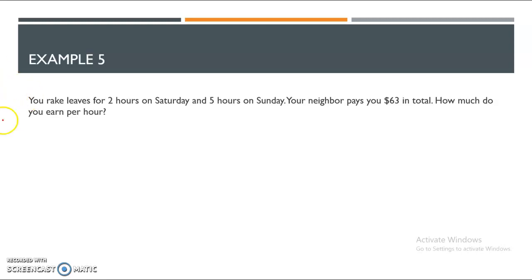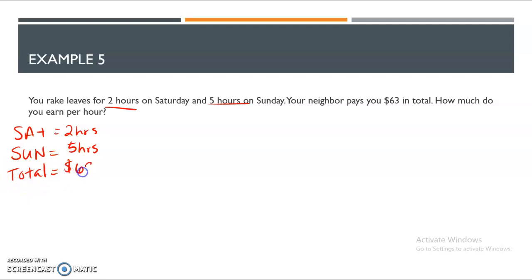So we know that on Saturday we worked 2 hours. On Sunday, we worked 5 hours, right? 2 hours, 5 hours. And we know we got a total of $63. And what we're wanting to know is how much per hour.